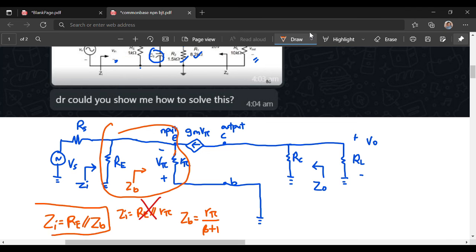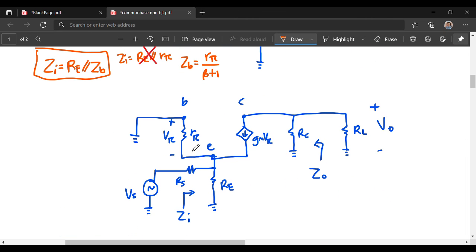You can also use the normal configuration for your BJT like this, with the base on the left and collector on the right. However, here for your ZI, you see your RE is also connected to R pi.